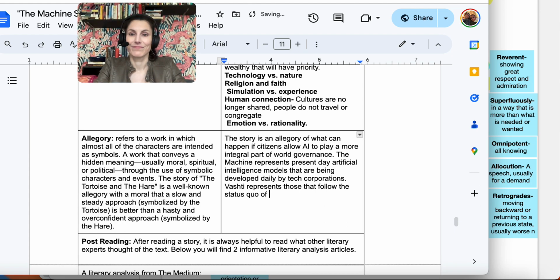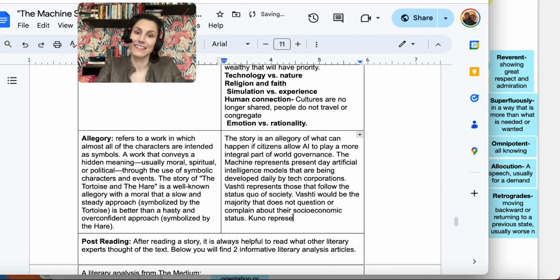of society. Vashti would be the majority that does not question or complain about their socioeconomic status or rights, things like that. So then you could say Kuno represents those in society that fight against oppression.